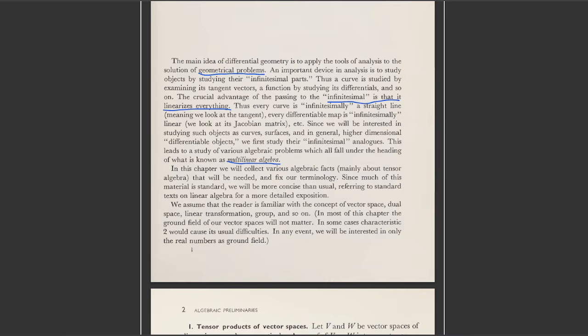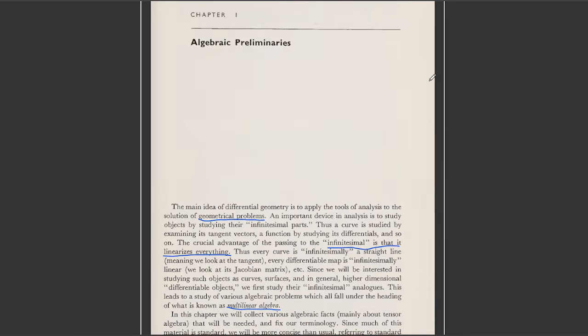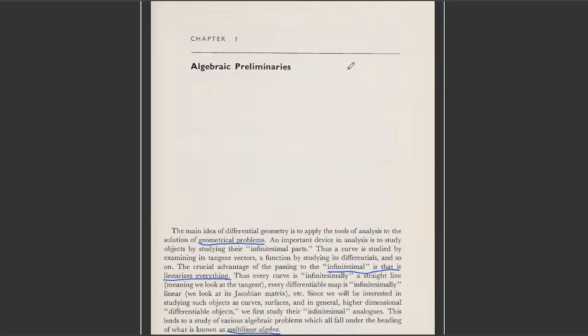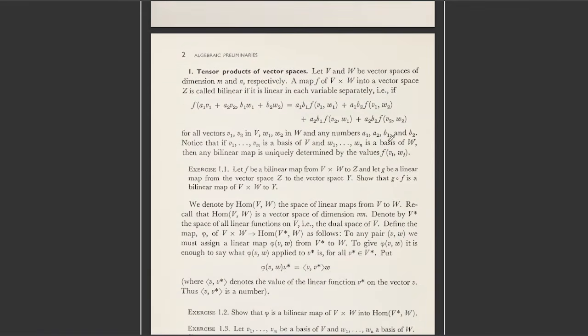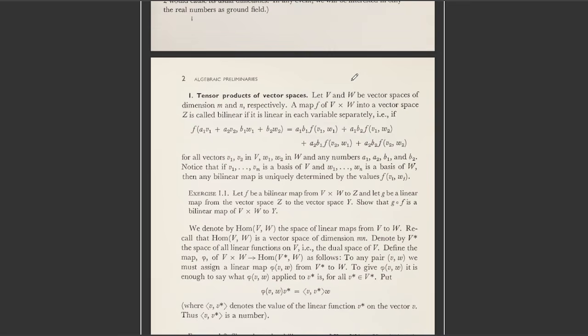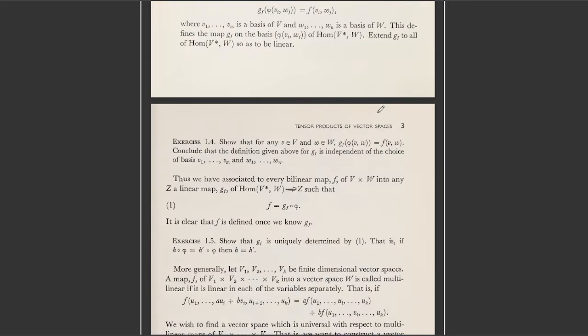So I guess the question you should ask yourself reading this is what algebraic structures survive when coordinates disappear entirely. So he defines a tensor product of vector spaces and dual spaces, and goes through the notions.